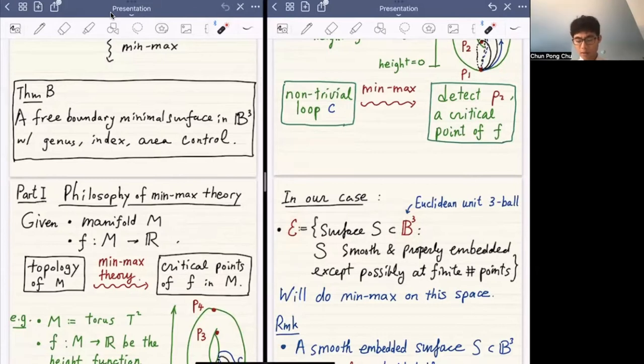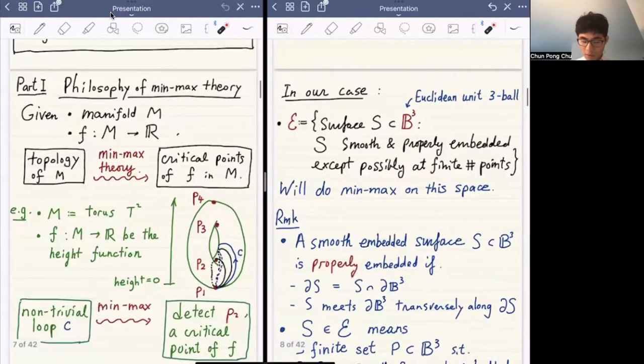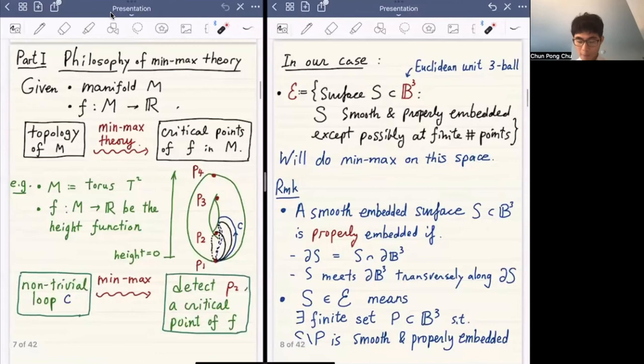Okay, so let me make several remarks regarding this space. First of all, by definition, if we have a smooth embedded surface in B3, we say that it is properly embedded if the boundary of the surface is exactly where the surface intersects the boundary of the ball. And moreover, the surface meets the boundary of the ball transversely.